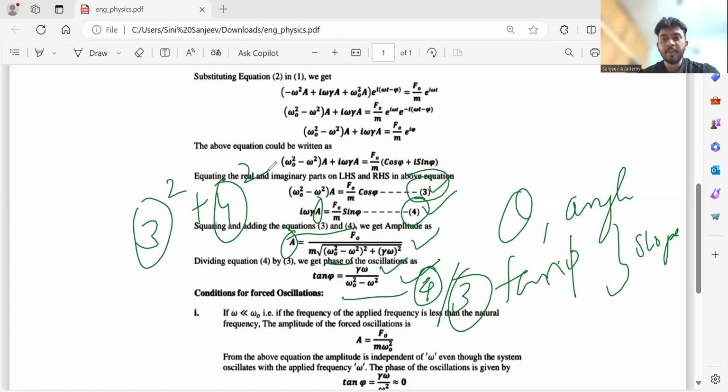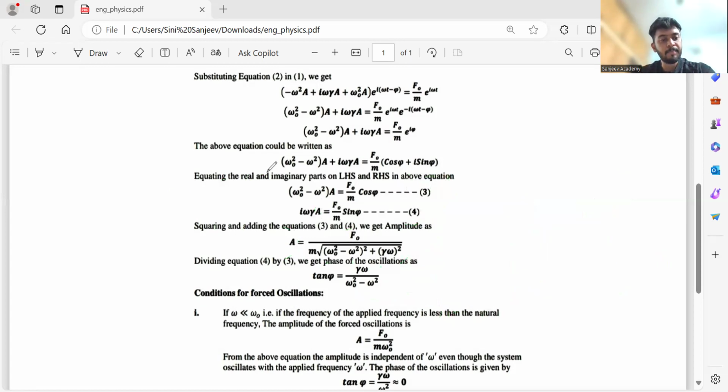So remember 3 square plus 4 square for the first, and the second one is 4 by 3. Simple things. You can do it and you get the answer just like that. Again, pause it and write these things as a tip so that it will be easy for you to memorize, and practice these things at least 2-3 times so that they stay in your memory.